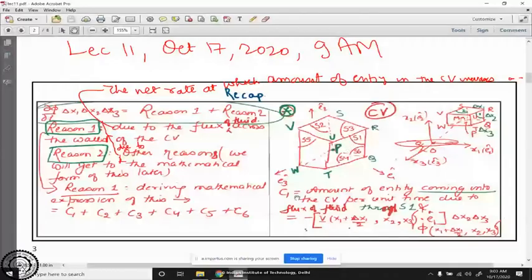C1 is the contribution from surface 1. In words, it is the amount of entity coming into the control volume per unit time due to the flux of fluid through surface S1. This corresponds to the expression I wrote here. I hope you have paid attention to it and it appears reasonable to you.